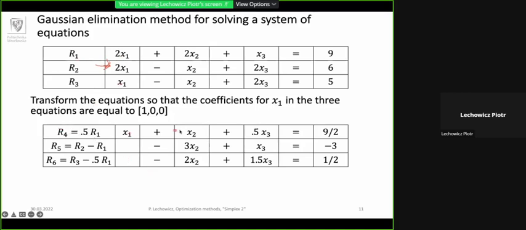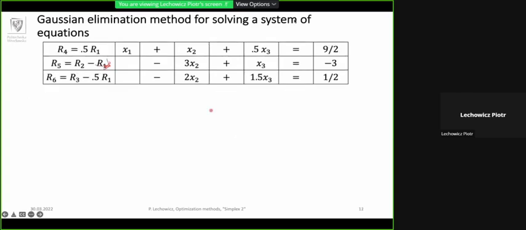So 1 minus 1 is 0, 1 minus minus 1 is minus 2. 2 minus half is 1.5, and 5 minus nine divided by 2 is equal to half. And we obtain a vector 0, 1, 0.